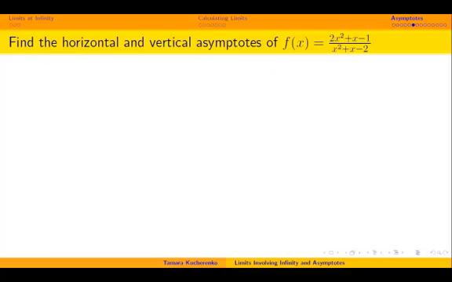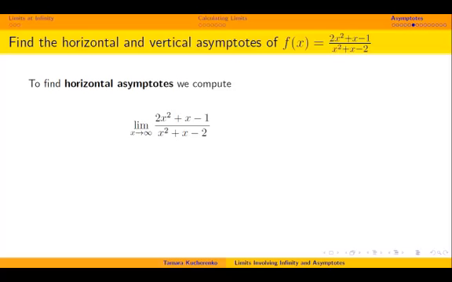Let's start by finding horizontal asymptotes. We need to compute the limit at infinity of 2x squared plus x minus 1 divided by x squared plus x minus 2.